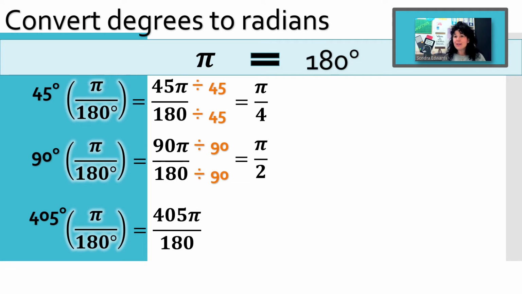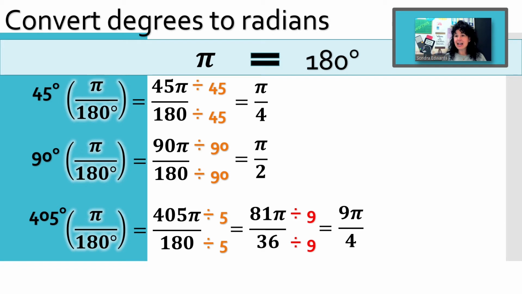If you don't, it's okay to just think of a smaller number that fits into both and take it one step at a time. 405 and 180 end in 5 and 0, so you might think, oh, I'll divide them both by 5, giving us 81 pi over 36. But we can still divide these by 9, and that takes us to 9 pi over 4, and it's completely simplified. So 405 degrees is equivalent to 9 pi over 4.